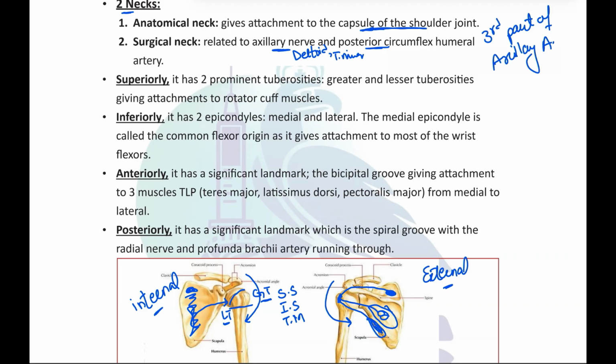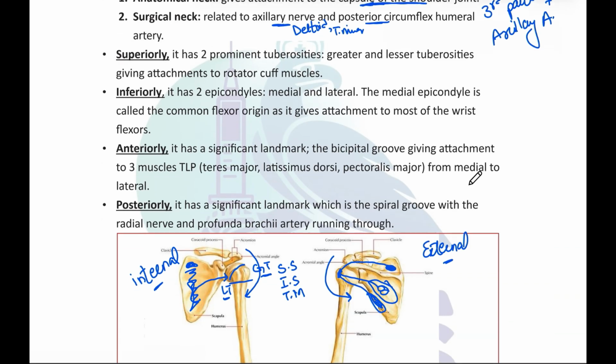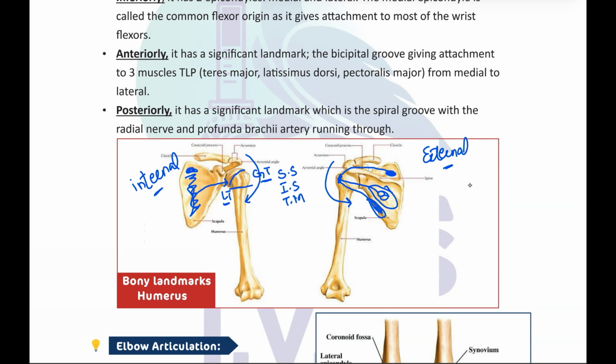So inferiorly, it has two epicondyles. As you could appreciate, this one is the medial epicondyle and this is the lateral epicondyle. Now here we will be having this as the medial and this as the lateral epicondyle.